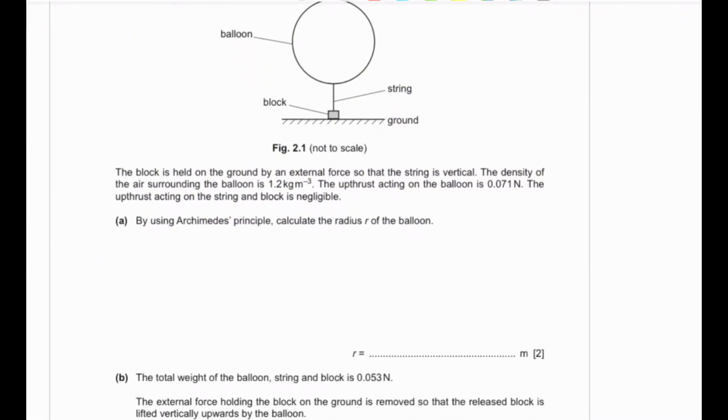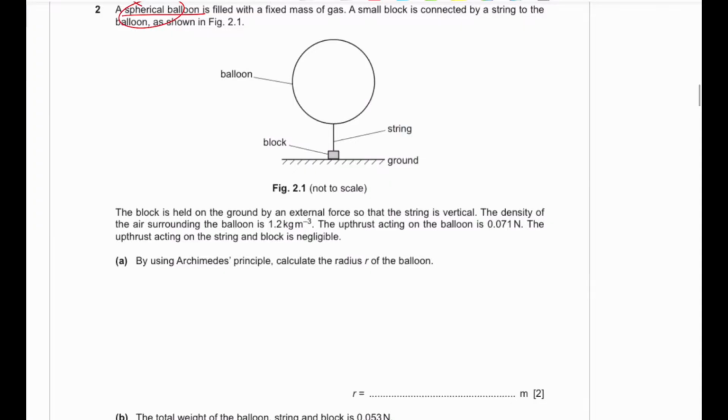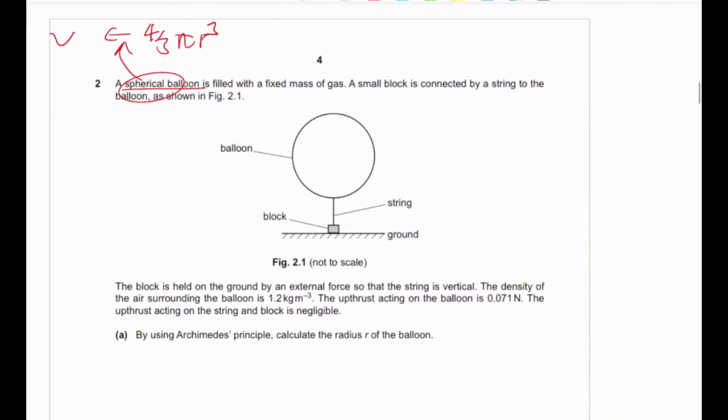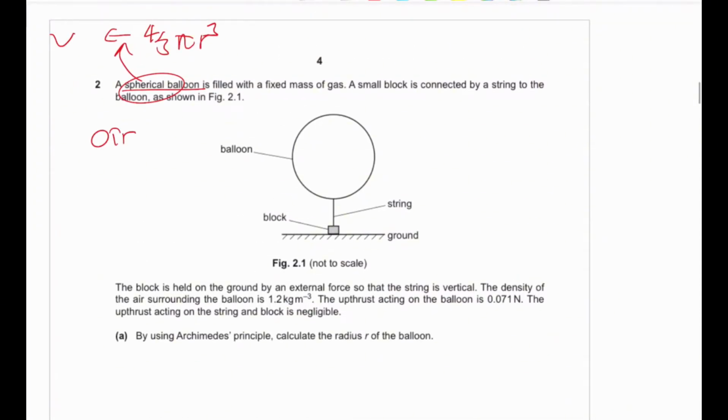The block is held on the ground by an external force so that the string is vertical. The density of the air around it is 1.2 kg m to the power of -3.